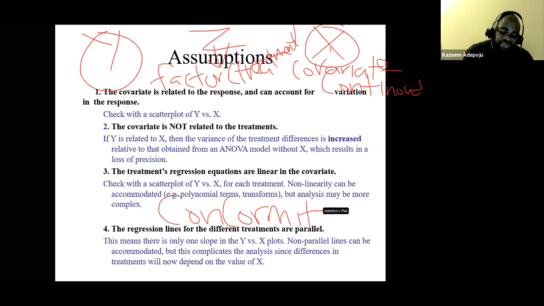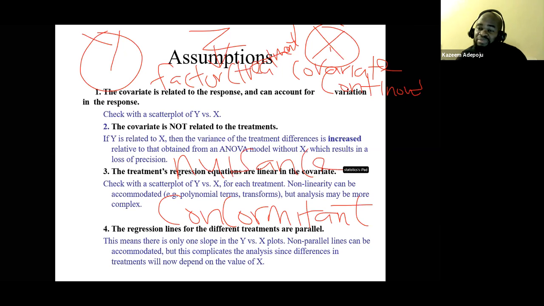We also call it a name that I don't like using, the nuisance variable, or unwanted variable, because it is not a variable of primary interest. The assumption is that a relationship must exist between the response and the covariate.